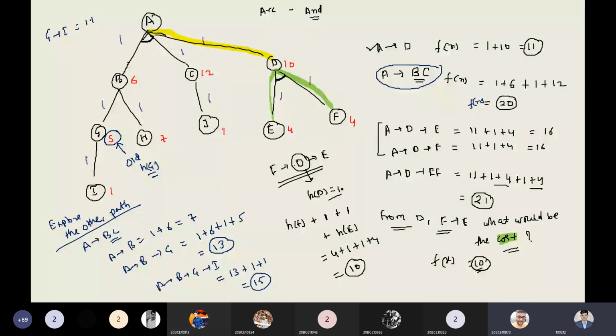No, no, G to I. I'm not speaking of G to H. G to I, we have only 1 plus 1, that is only 2. Okay. G to I, we have 1. Yeah, G to I, please keep in mind. So I'm just coming to a point. G to I, we have only 2.